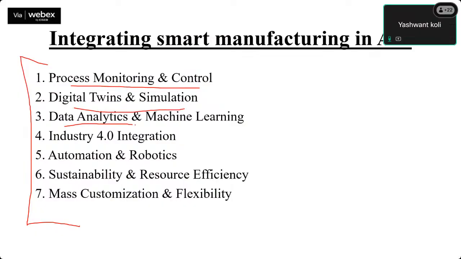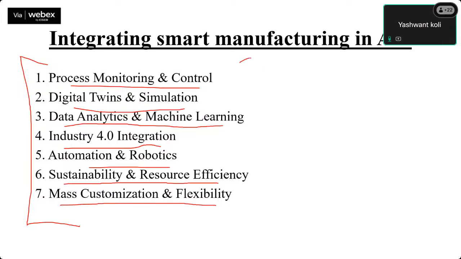Then data analytics and machine learning. Then Industry 4.0 integration, automation and robotics, sustainability and resource efficiency, and mass customization flexibility. So these are the seven important things that help additive manufacturing to fabricate a smarter product, influencing smart manufacturing in AM.